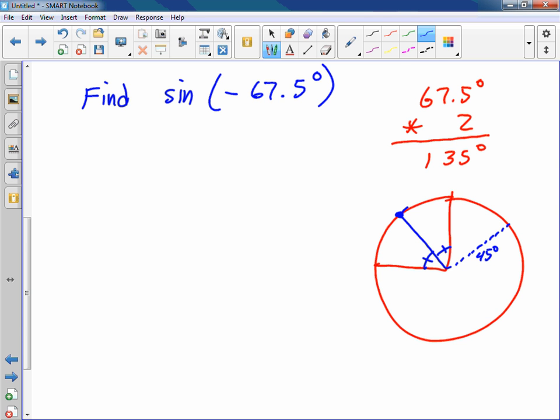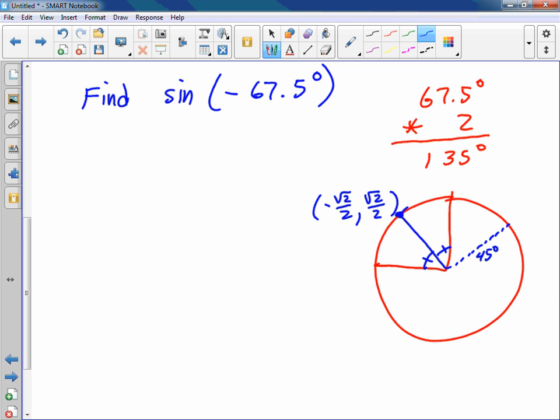So the coordinates for this are going to be the opposite, square root of 2 over 2, and square root of 2 over 2. So we've seen this one before.